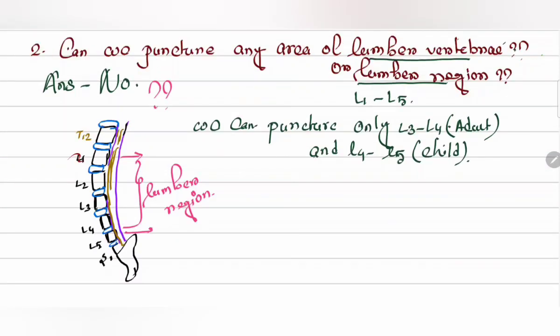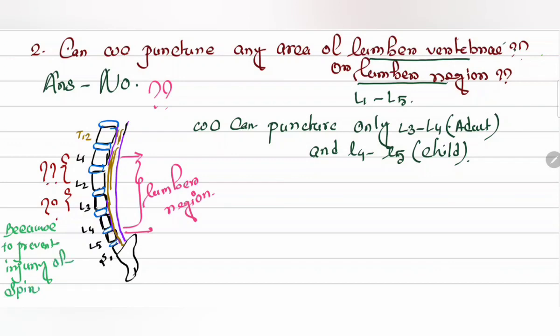Why can't we puncture between the gap L1, L2 and L2, L3? Because to prevent injury of the spinal cord, we insert the needle below the spinal cord.